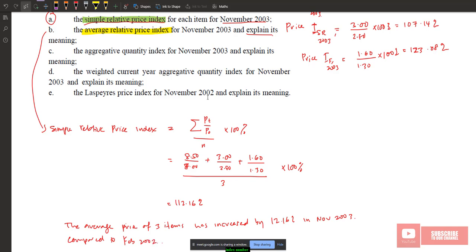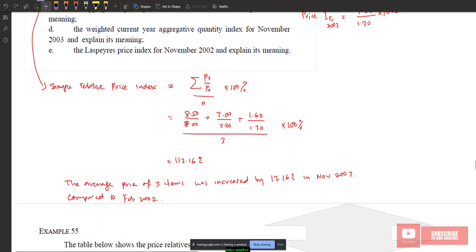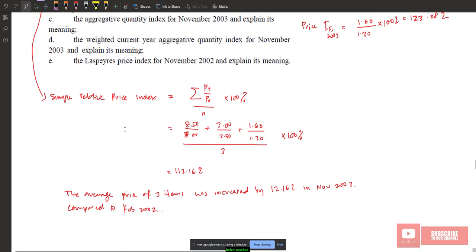So this is how we explain the meaning of simple relative price index. Right?